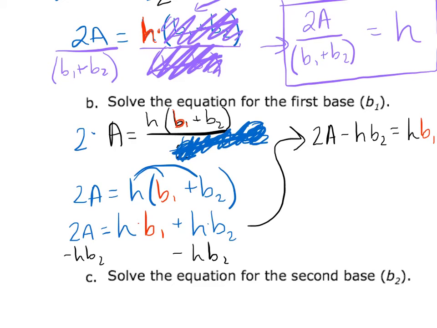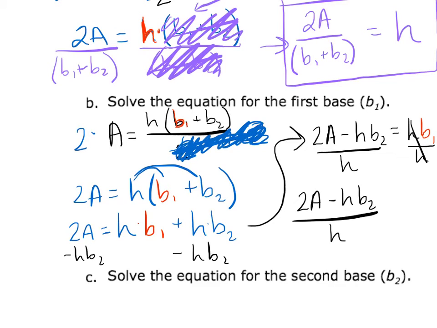Last step here is going to be to get rid of this h on this side. So we're going to divide by h on both sides. And once we do that, we're going to have reached our goal. 2a minus h times b2 all over h equals b1.